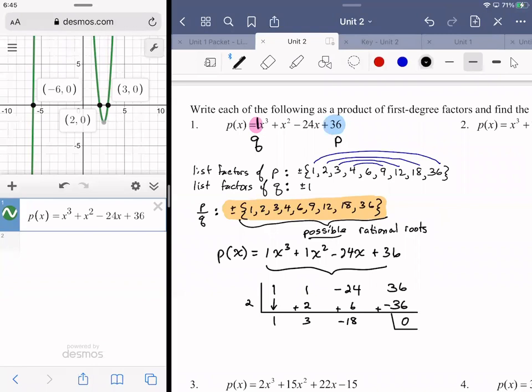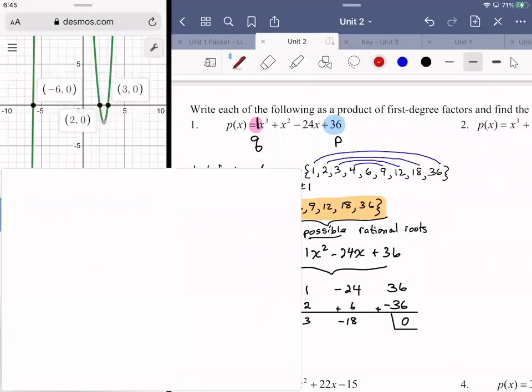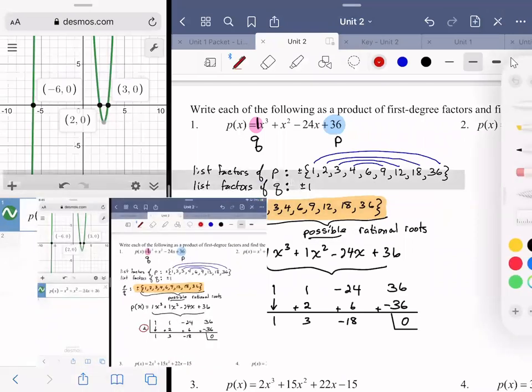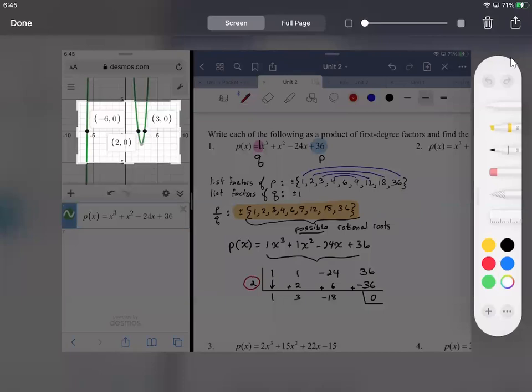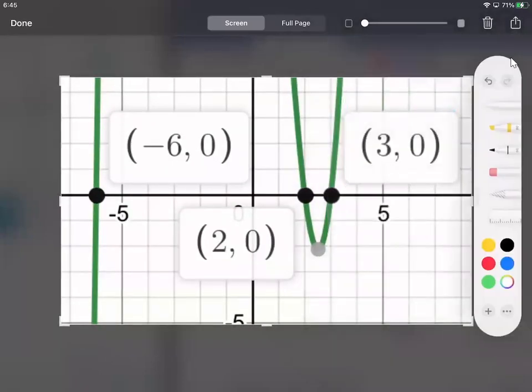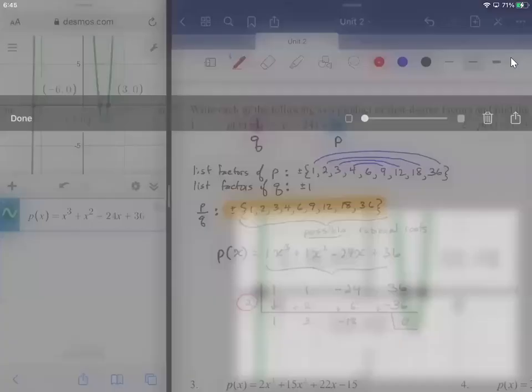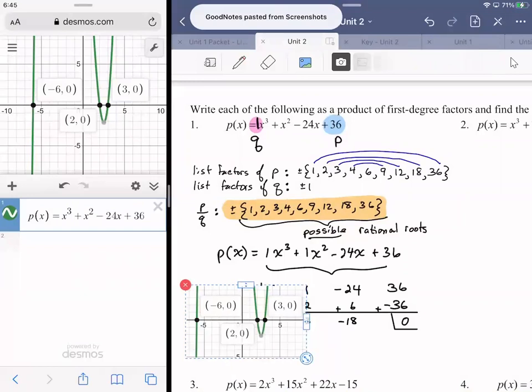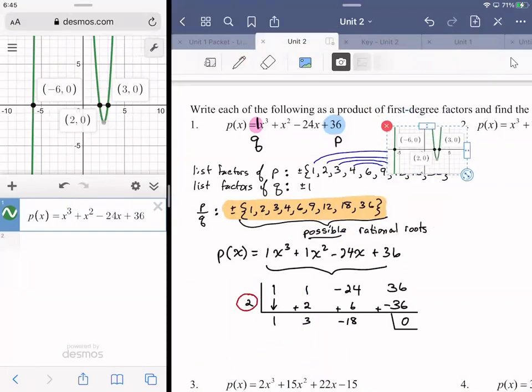We just got the 2. Right, so that's one of the roots. All right, I'm just going to save this picture real quick. Kind of keep that up here for funsies.